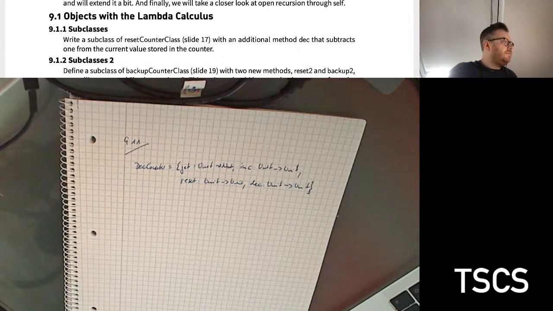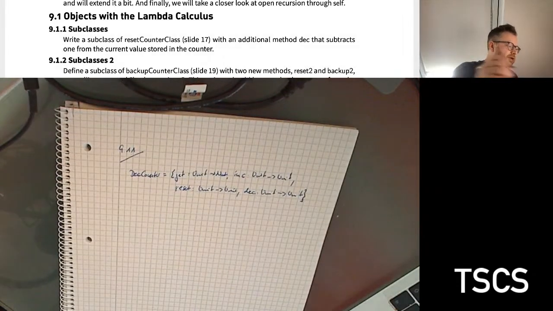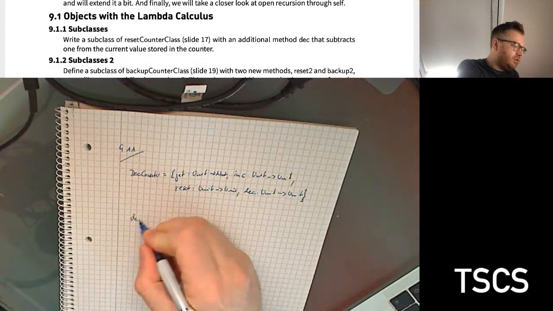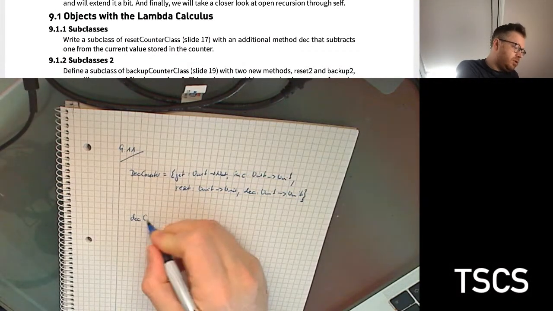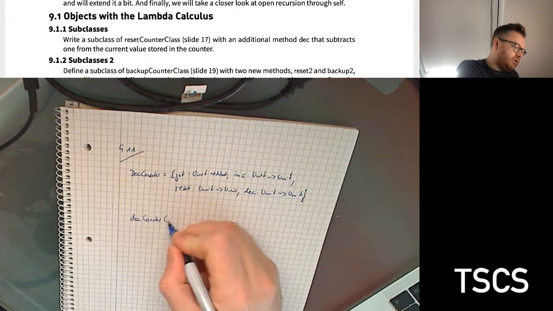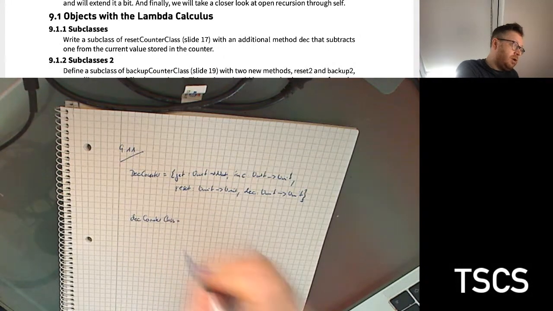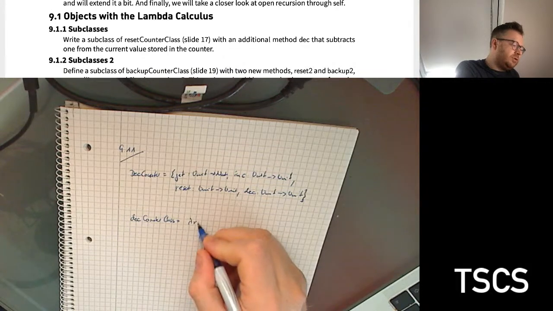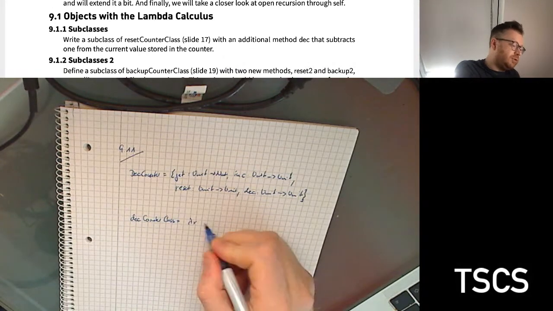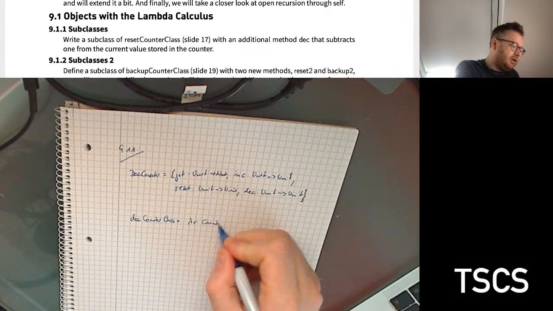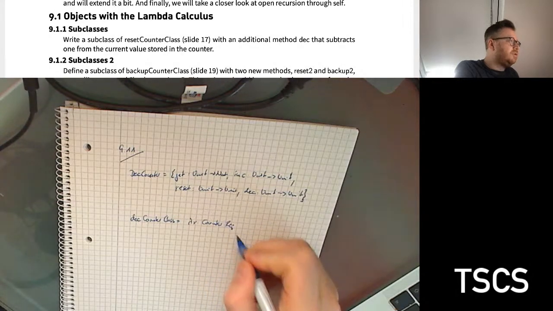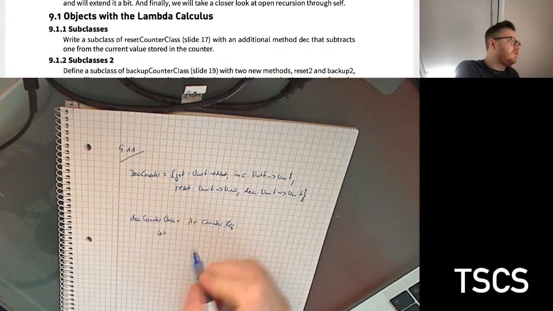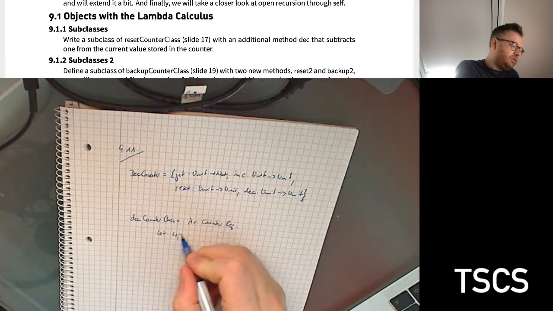Good. So the idea is to write a subclass, so we have to write a class primitive for that. So that is dec counter class, and of course it takes a representation. We did not change the representation here, so we can just take the general counter representation that we used before, and then we have the super reference.